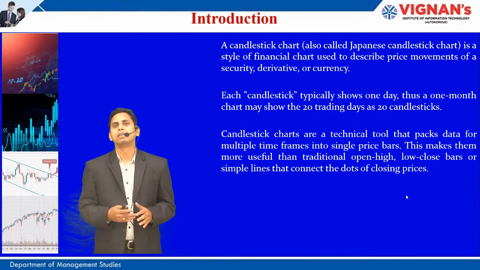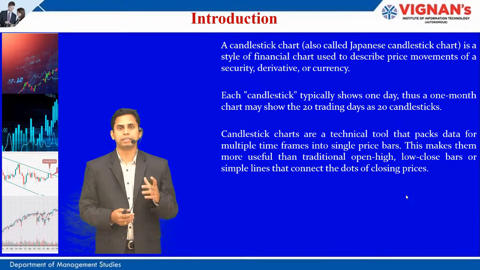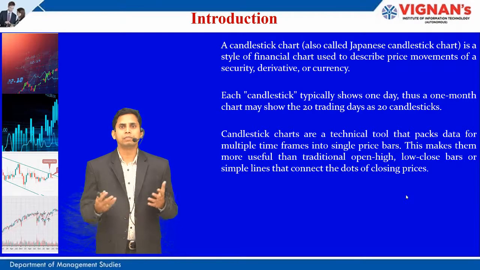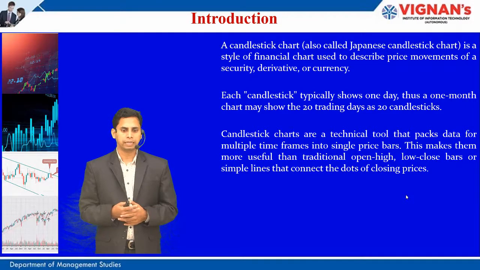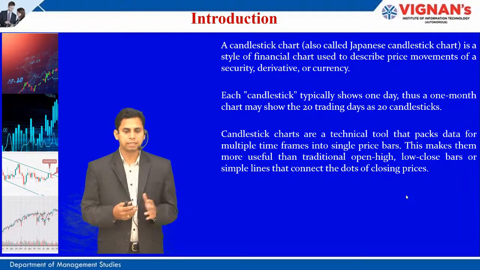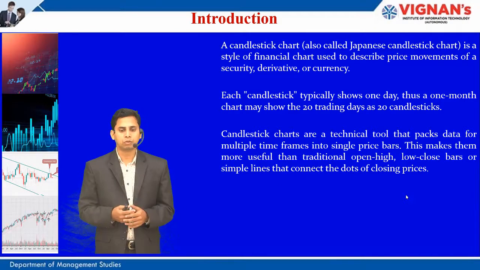These different charts are embedded in one particular daily chart. If the daily chart is 1 candle, then in the hourly chart you will see mostly 7 candles in a particular day. These 7 candles are interpreted in that 1 day candlestick, and this makes them more useful than traditional open, high, low, close bars or simple lines connected with the price charts.